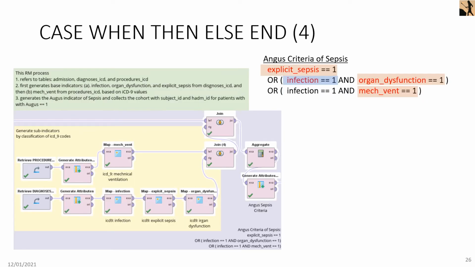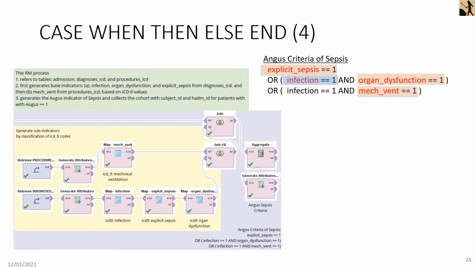So we have done with all these ICD matchings, and for the selected group we have labeled those records with a proper indicator, that is 1. But knowing that a patient may have 1 in different indicators, like infection is 1, and organ dysfunction is also 1, and the explicit sepsis may be 1 or 0, whatever, right?